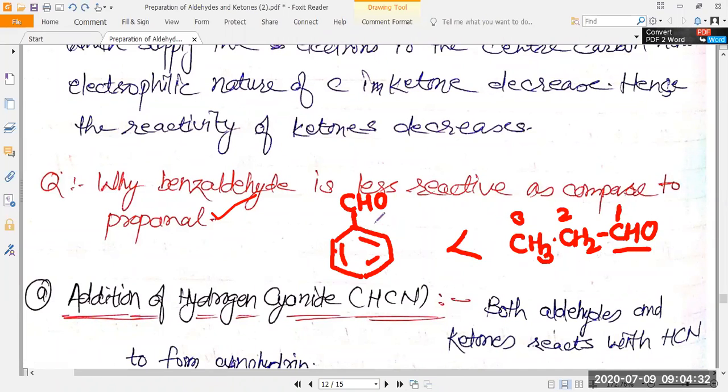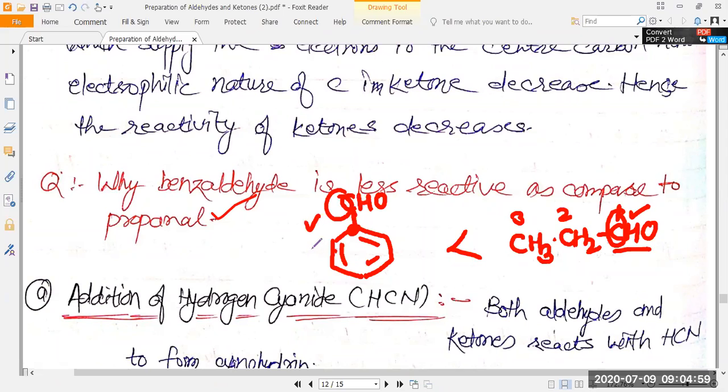In benzaldehyde, the electrophilic nature of this carbon is less. The electrophilic nature of this carbon is more, and the electrophilic nature of this carbon is less.